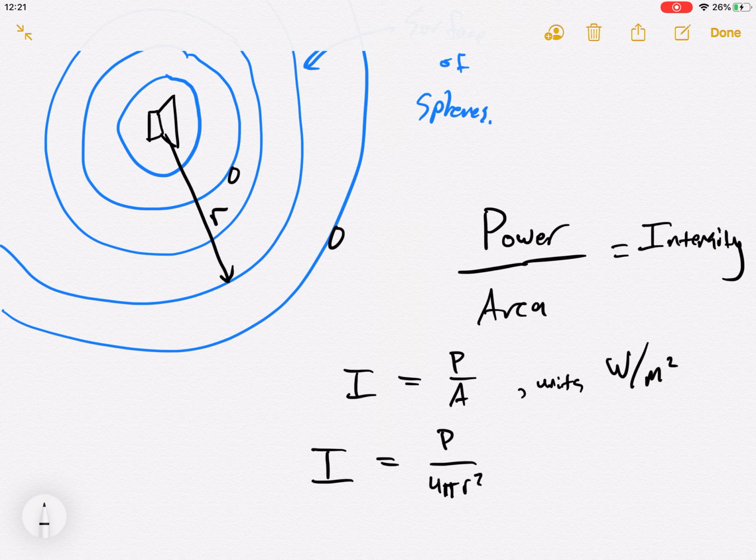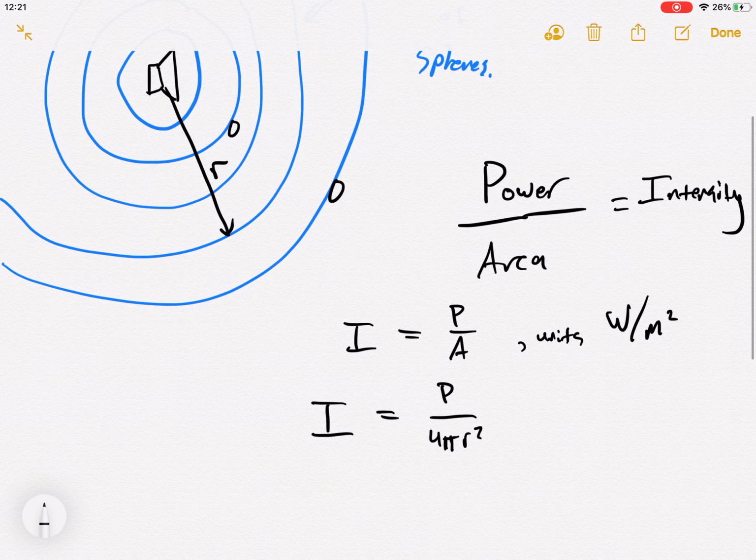Let's talk about that for a second. What kind of powers do we see for sound? Well, you can hear stuff from pretty far away, right? And you can be pretty close to it, and it can be really loud. It might hurt, but you can hear it.